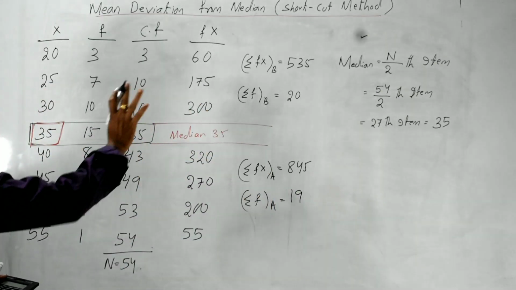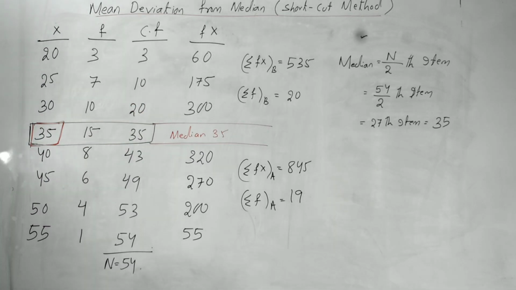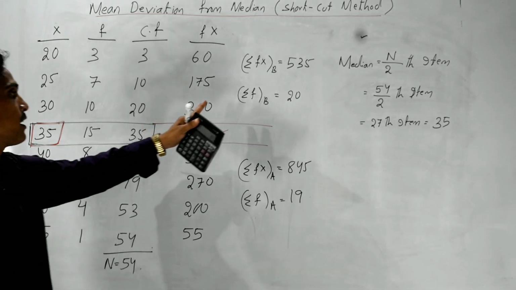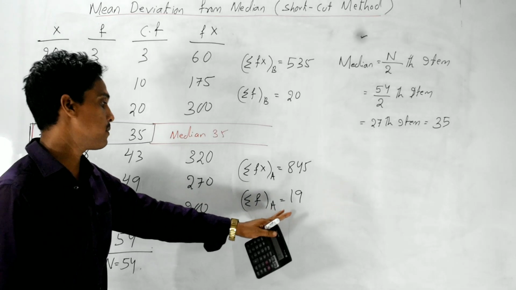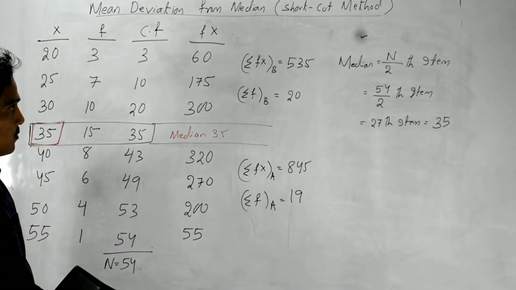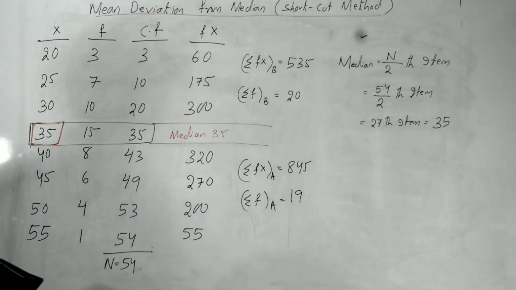So now we get summation fx of b group and of a group, summation f of b group and of a group. So now we can find out mean deviation by using shortcut method.